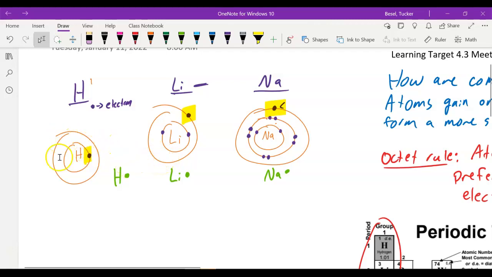Each atom is going to try to get a, quote, full valence shell. Let's start by looking at lithium. In order to have a full level here, you'd need 8 total electrons. Now, lithium can either do that by losing one, having that one go away, or it can gain 8.